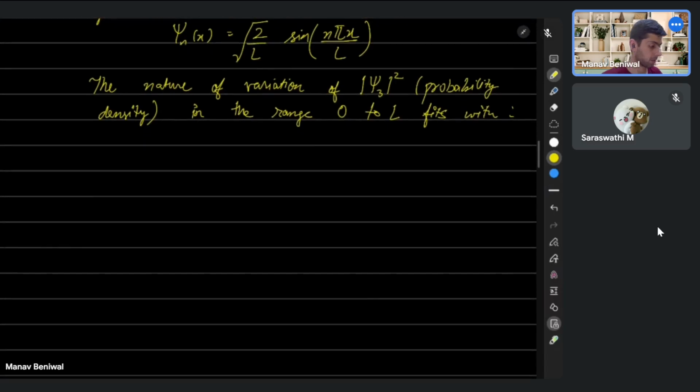This is the wave function, and now let me draw 4 boxes. Say this is 0, this is L, and this distance is L by 2.